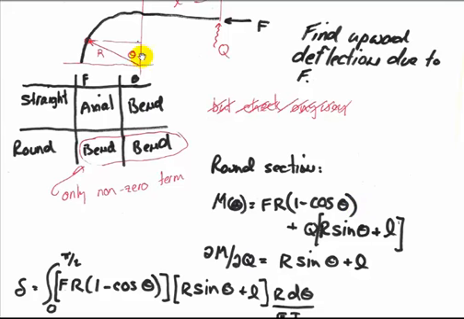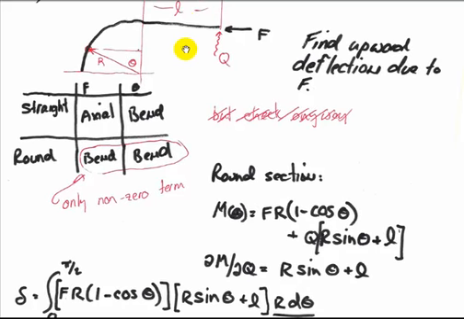The moment in the round section at a location theta, because of the load Q, will have a moment arm from the dot here to the load Q that encompasses this piece, which is r sine of theta, the angle theta being here, but it also encompasses the entire distance, L. And so that moment is Q, the force, times r sine of theta plus L. And the partial of this entire moment with respect to Q is r sine of theta plus L.